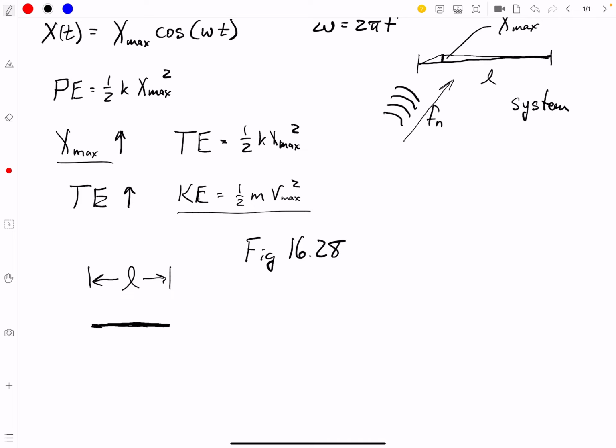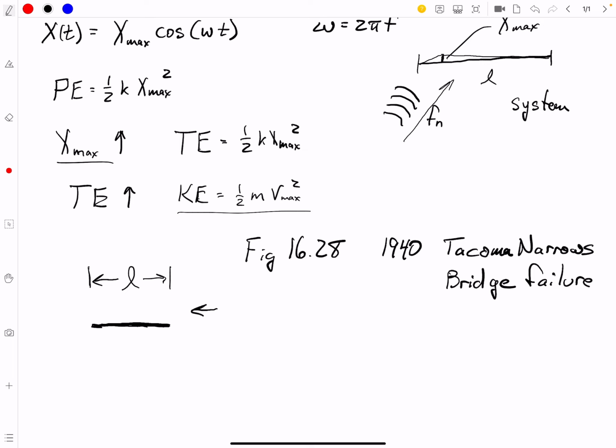Figure 16.28 shows the 1940 Tacoma Narrows bridge failure. Crosswinds went across this bridge, above and below it.